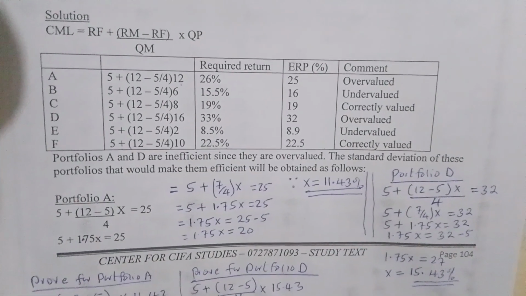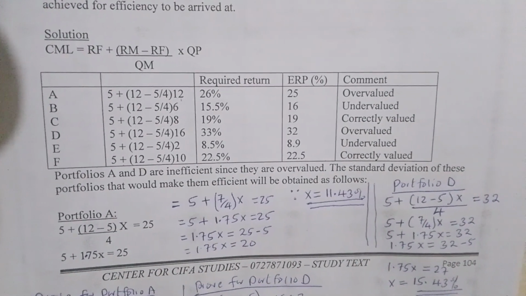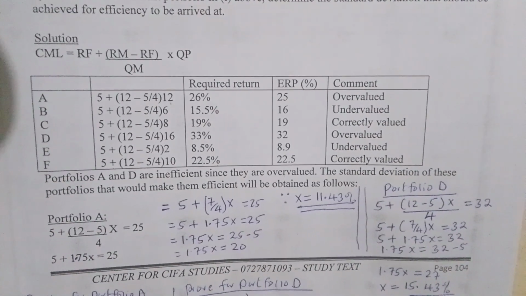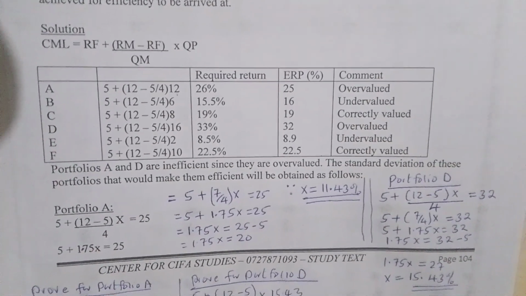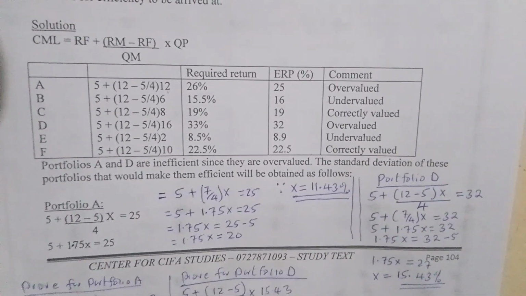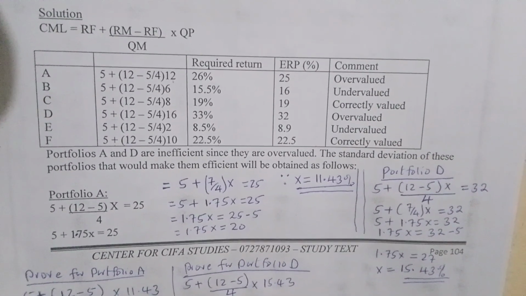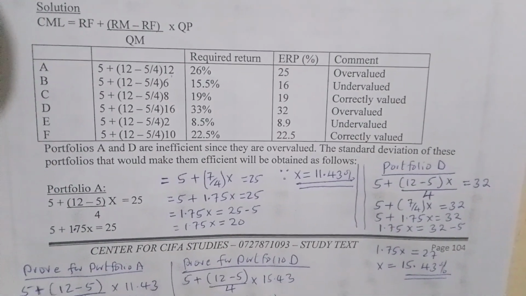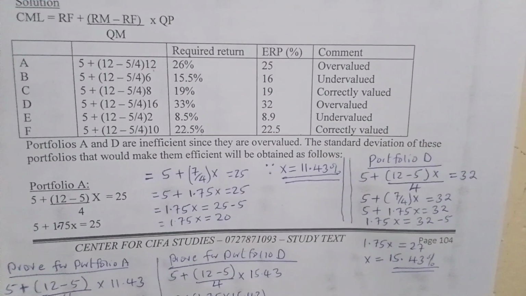So 5 plus 12 minus 5 over 4. But now we will not use 12, we use x. You say x because you are looking for x. That is standard deviation that we can use to make the expected return 25% so that it is correctly valued.